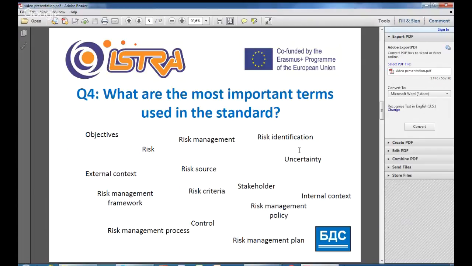Risk management policy. This is the statement of the overall intentions and direction of an organization related to risk management.